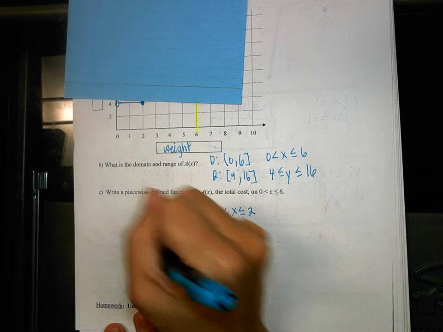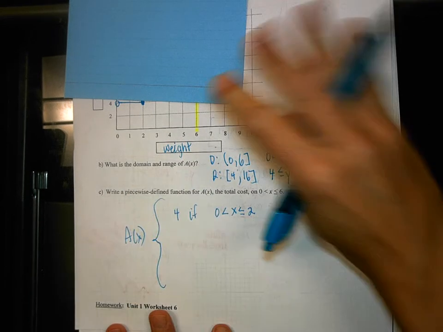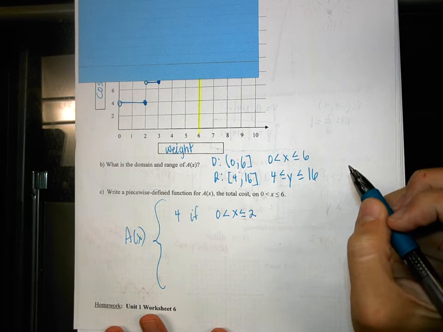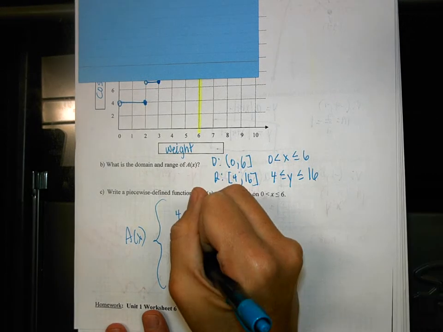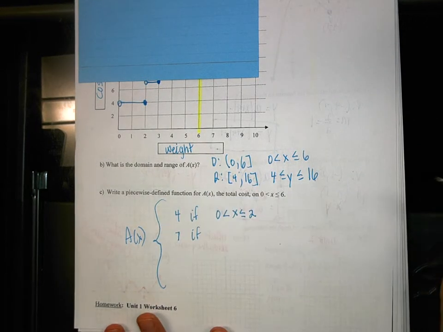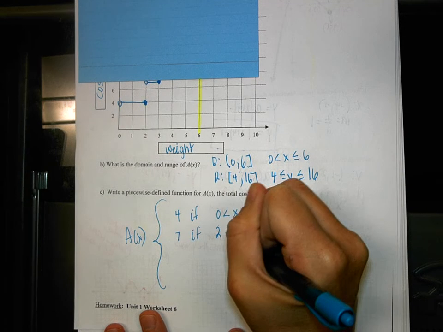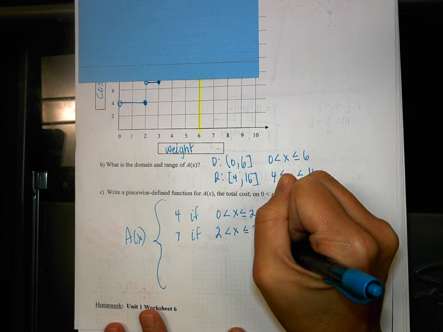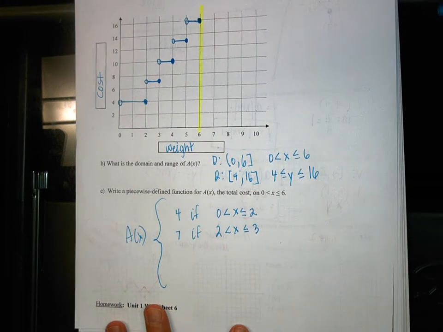Okay, the next line is at what? 7 if 2 is less than x is less than or equal to 3. Okay, so remember that's a straight line, and it's just between 2 and 3.